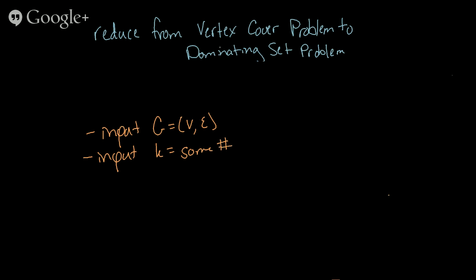And you're trying to solve the vertex cover problem, and you want to do that by sending a new graph to the dominating set problem, and your answer to the dominating set problem will give you your answer to the vertex cover.